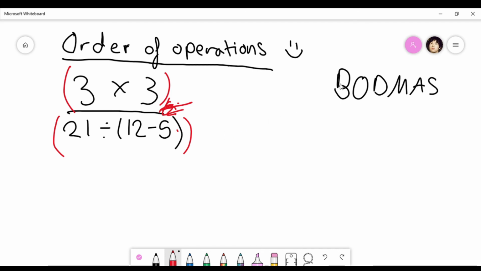So you have the B. Okay, so we've got brackets, we have 2 brackets. In the first bracket we have 3 times 3, which is 9. And we don't have to worry about the order of operations there because there's only one. In the second bracket, we're going to write BODMAS down again.